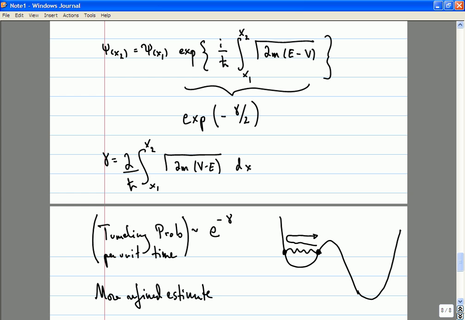And so for many purposes, you can just forget about those prefactors and declare that the tunneling probability goes like e to the minus gamma, where gamma is the integral under the potential of the square root of V. So it's an integral through the potential barrier. So this is an integral across the potential barrier.